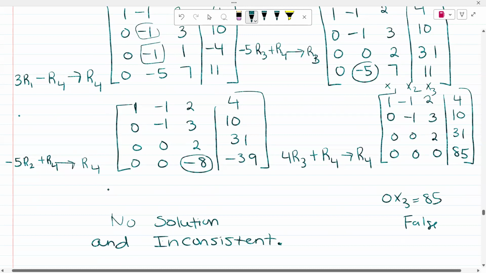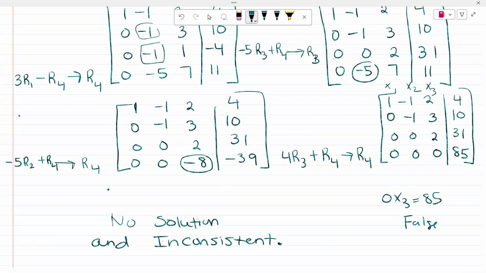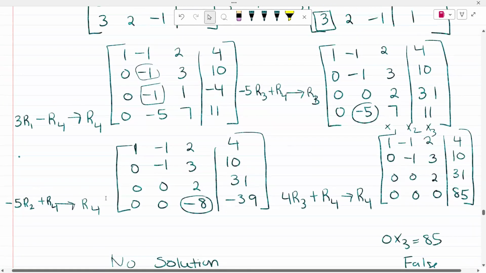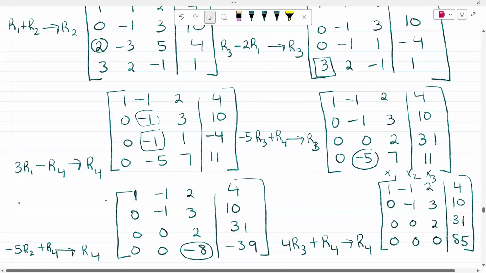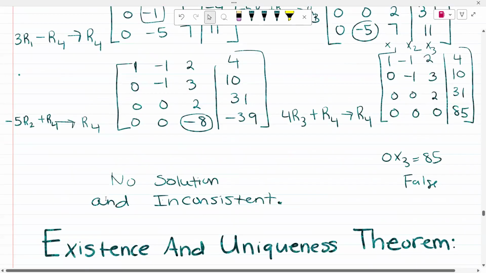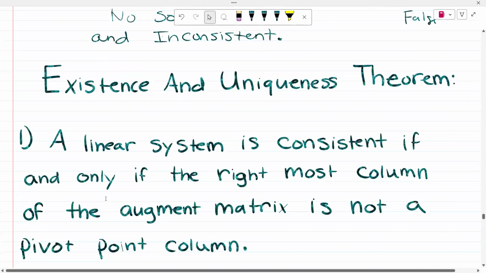Okay, so now you have a good idea how row operations work. So now let's talk about the existence and uniqueness theorem.